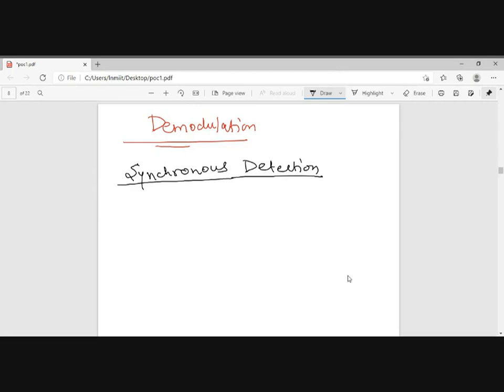Can you recall a problem with synchronous detection? I have already discussed it in class. Can you recall the QNE, quadrature null effect? Can someone give me an overview? What was the quadrature null effect?